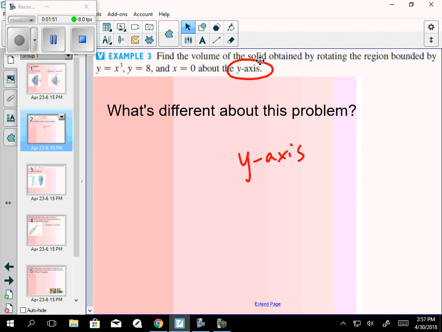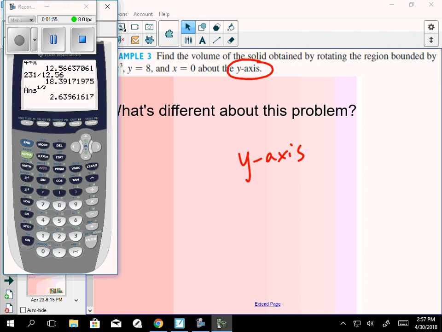So on your calculator, let's type in these functions here and see what it looks like. So let's go to our graphing menu, type these in. So we got y equals 8 is one of them. We also have y equals x to the third power. We can't graph x equals 0. That's a vertical line. It's not a function, but we know it's basically the y-axis here.